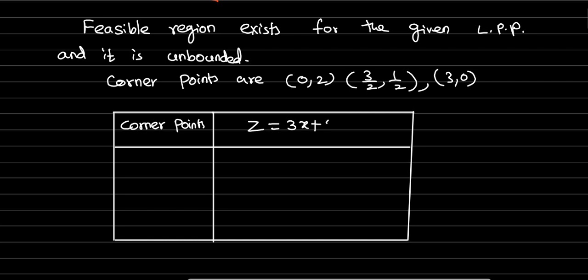The first corner point is 0 comma 2, then 3 by 2 comma 1 by 2, and the other one 3 comma 0. One by one, let's substitute in Z. If x takes 0, the first term is completely 0. 5 twos are 10, so you will get the result as 10.